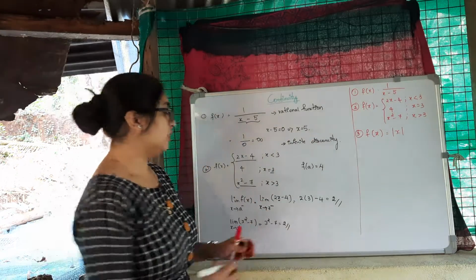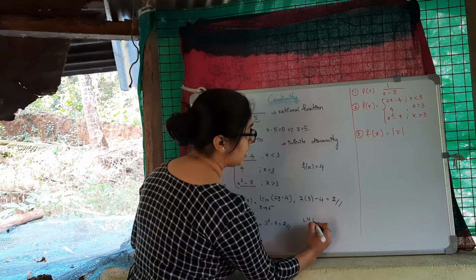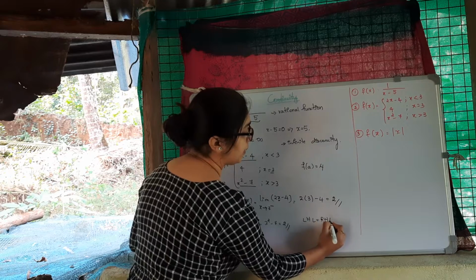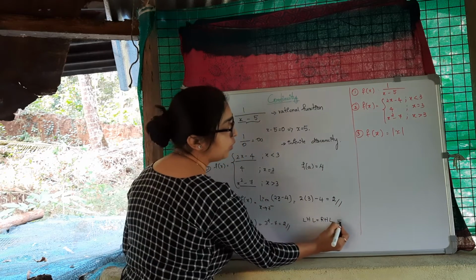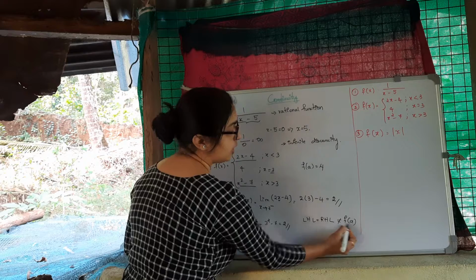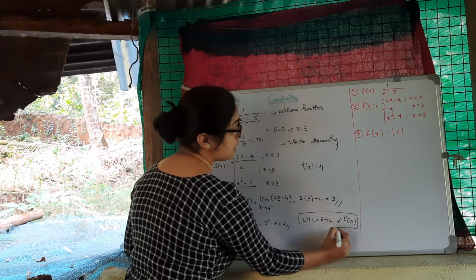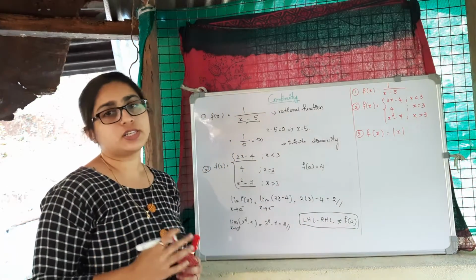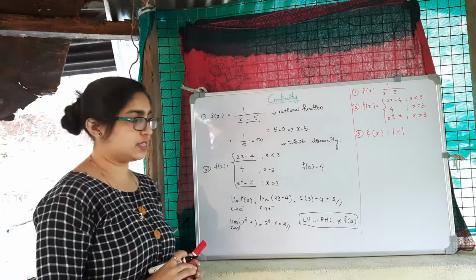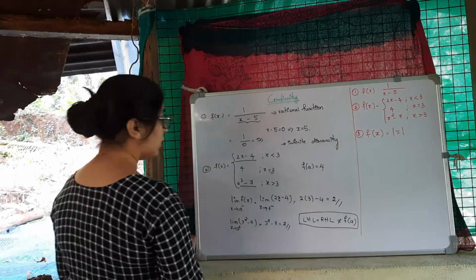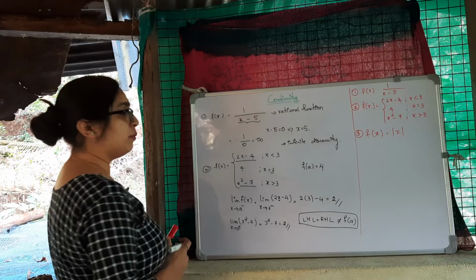You can see here that the left hand limit is equal to the right hand limit, but it is not equal to f of a. So what is this discontinuity called? It is called point discontinuity or removable discontinuity. So how can this be removed now?